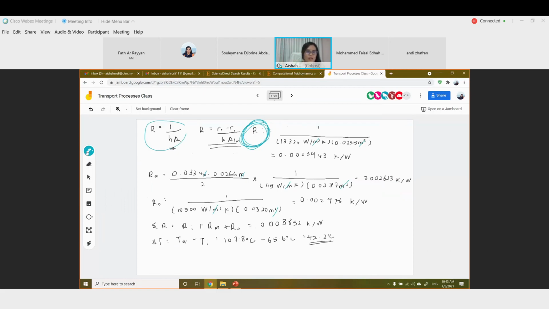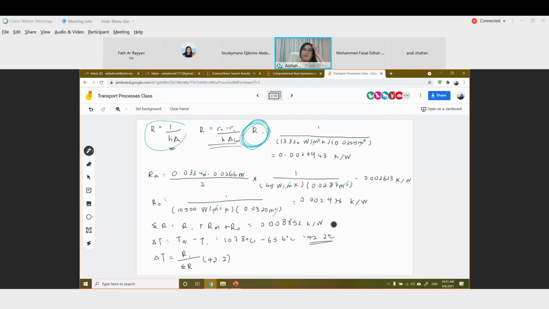So the temperature difference within the water is the inside resistance, divided by the total resistance, times the total temperature difference between the wall and the water coming in.